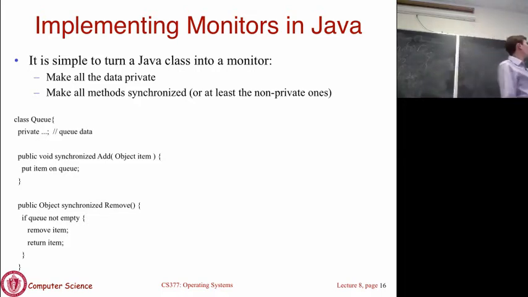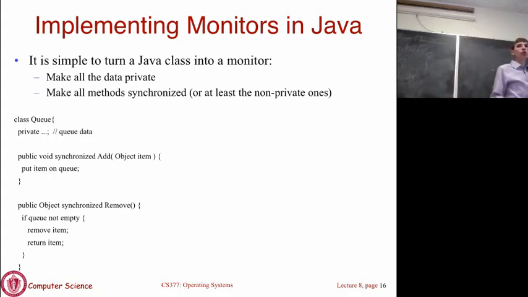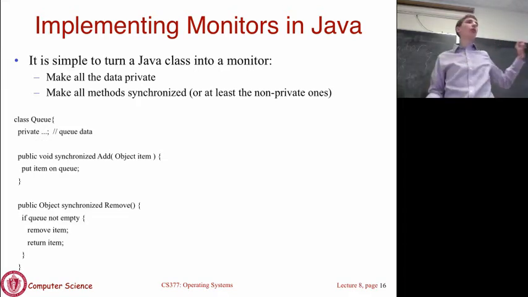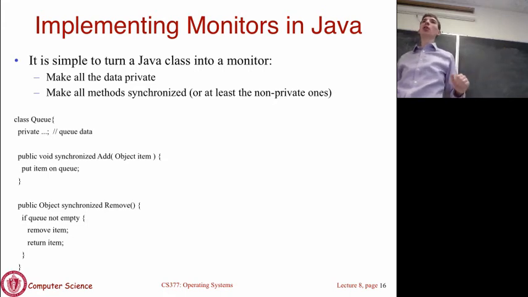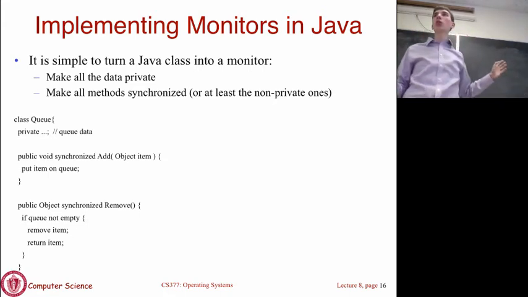And you see that we're not having to call anything on the lock. Java is essentially doing that for you. We're just saying we want these methods to have mutual exclusion, and whenever some thread calls add or remove, Java is going to acquire that lock, and then once the thread exits, it's going to release the lock. So pretty simple. All we're having to do is add one word to each method, and we're getting mutual exclusion on all of our methods. Questions on that so far?